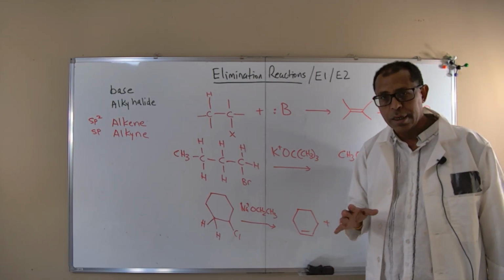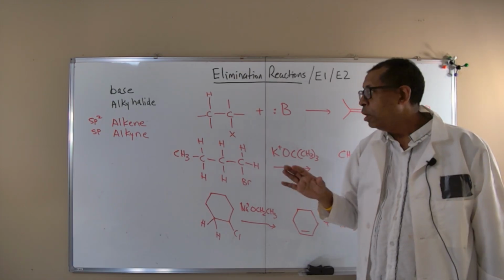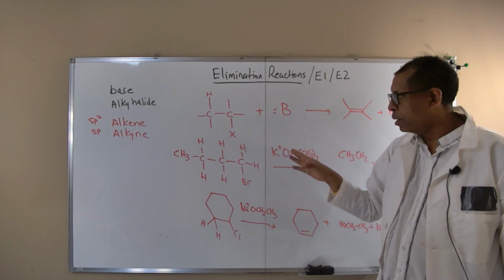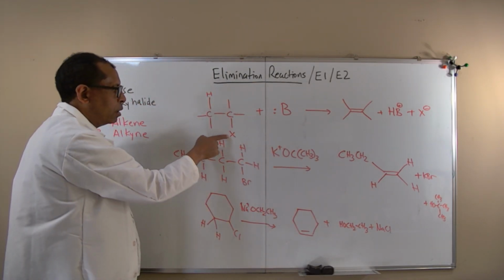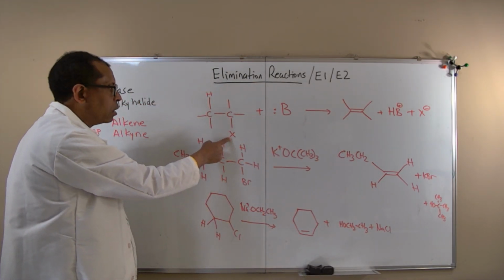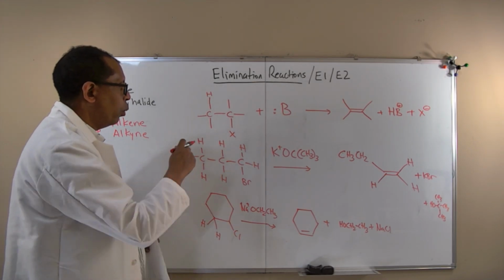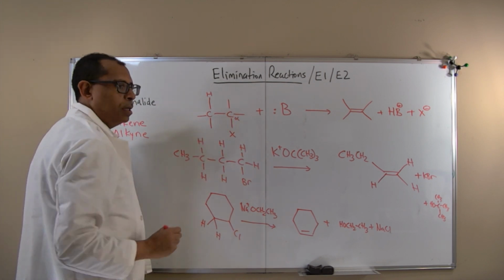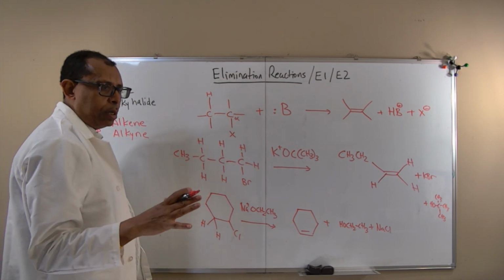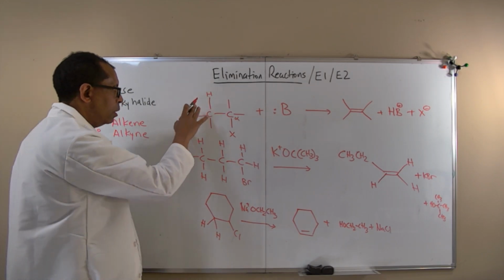The general scheme for elimination reactions is shown here. You have an alkyl halide which has this leaving group X, and the carbon where you have the leaving group is the alpha carbon, and the base would attack or abstract the proton, the hydrogen.